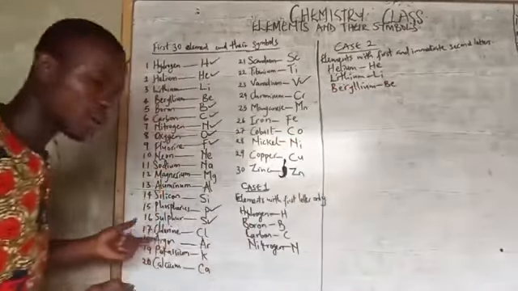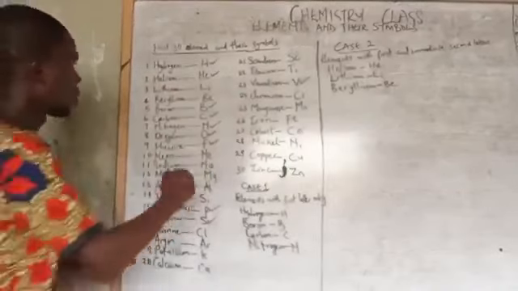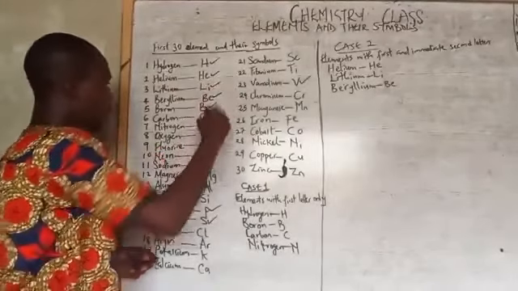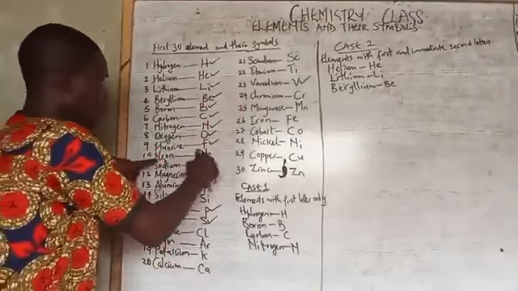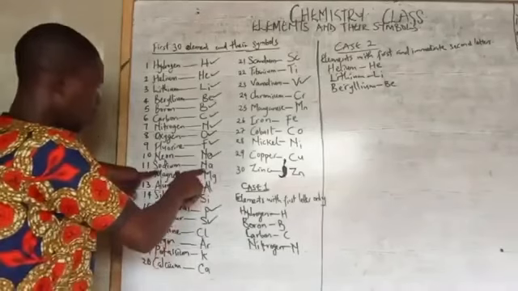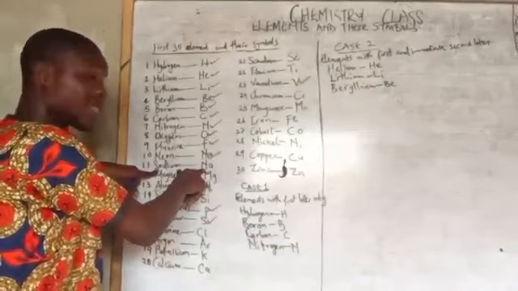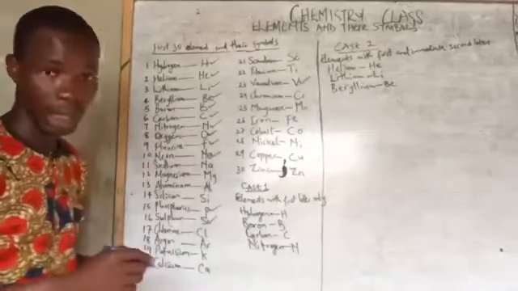Let's figure out which other elements will fall in case 2. Lithium as mentioned, beryllium as mentioned, neon will also fall in case 2. But check out sodium. It doesn't start with the same letter, neither is the second letter the same. So it's never going to be in case 2.